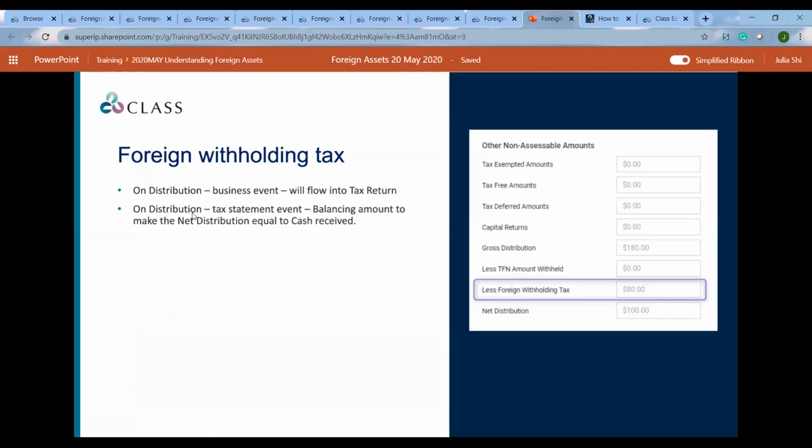But because the distribution tax statement event is only a balancing item, it doesn't populate this information into the tax return. So make sure that you enter the foreign withholding tax into the actual distribution events, so that it boosts up your gross distribution, and you still keep the actual cash received as the net distribution after applying this foreign withholding tax.